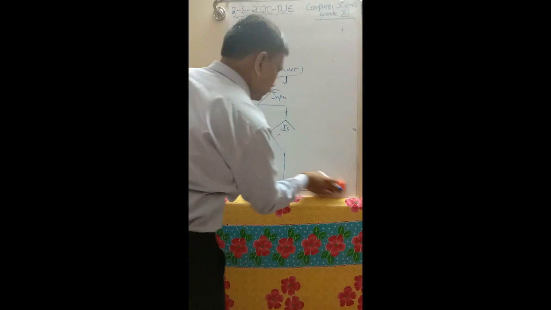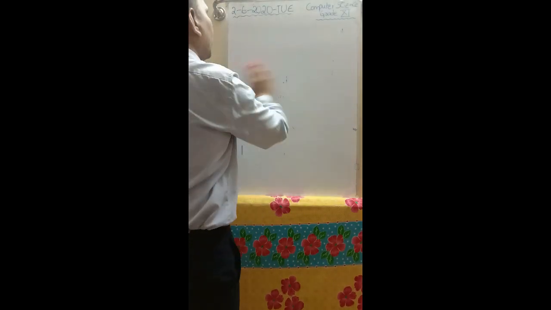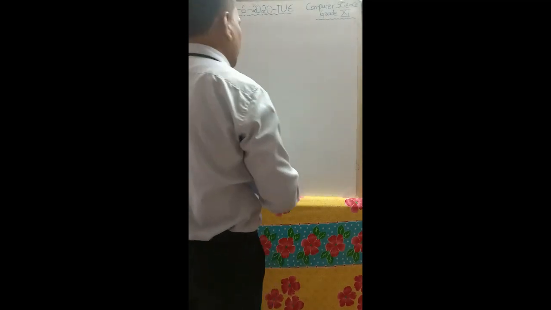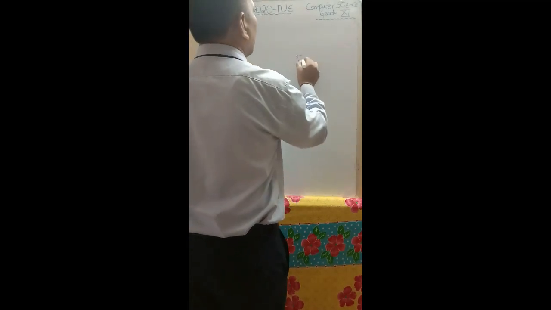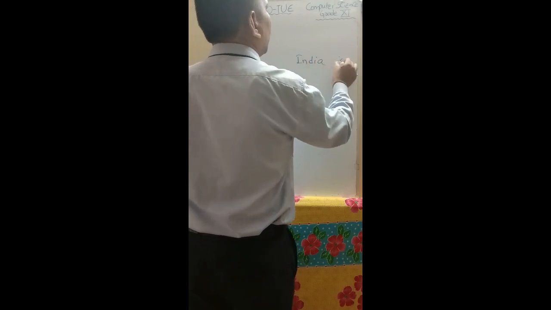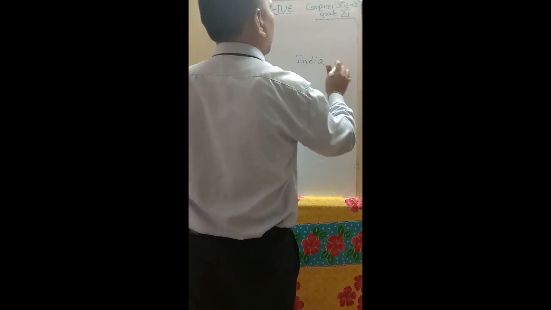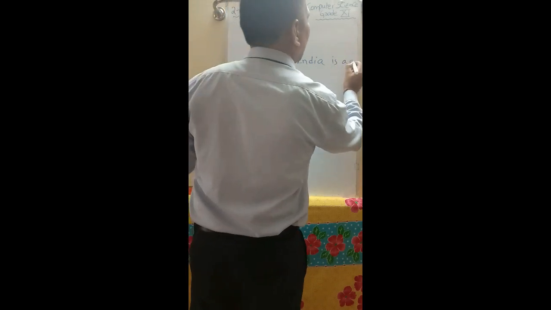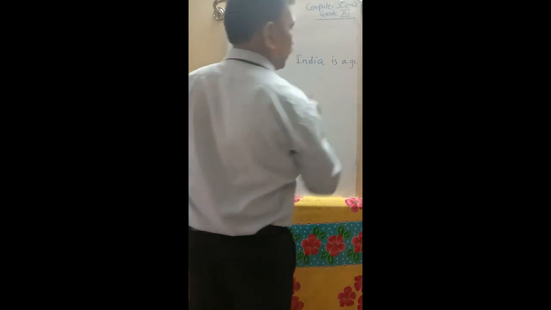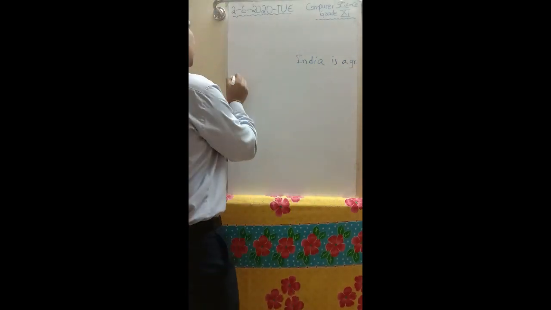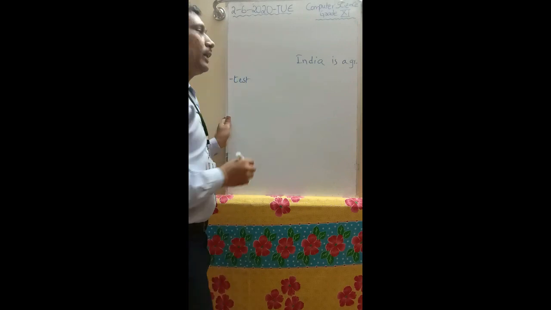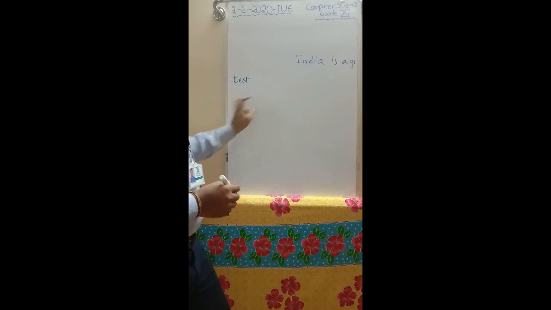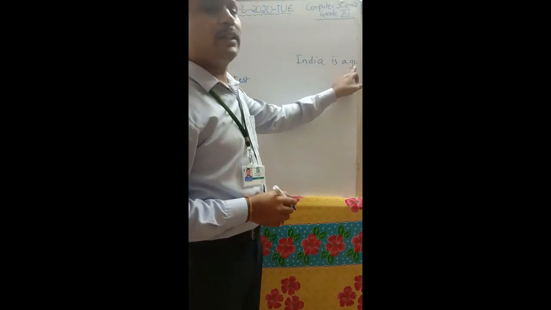Next, coming to the connector symbol: suppose when you are writing notes in your notebooks, suppose I am writing "India is greatest", and I write GR, then a hyphen symbol, TEST, greatest. So India is a greatest, GR hyphen.